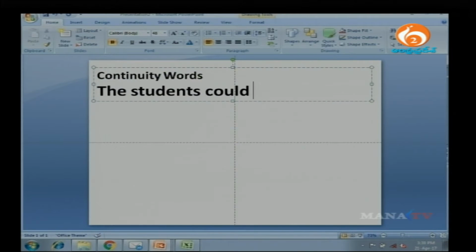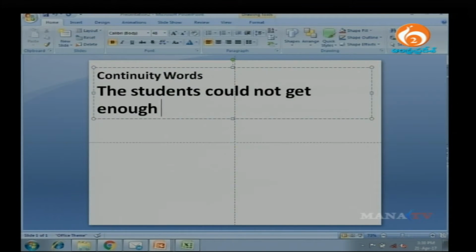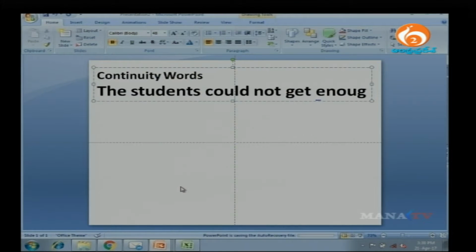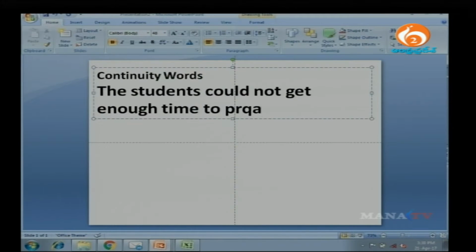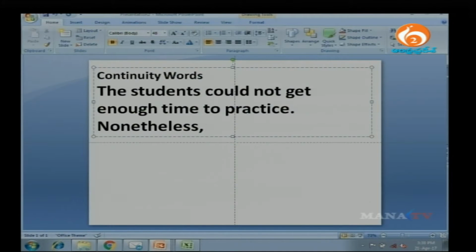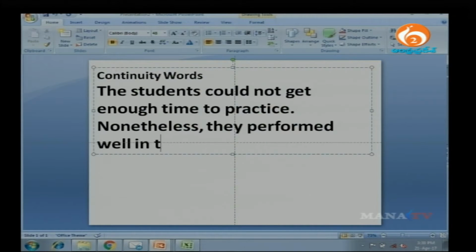The students could not get enough time to practice. Nonetheless, they performed well in their exam.